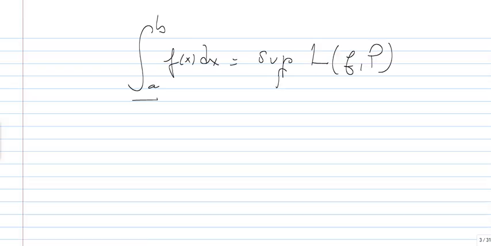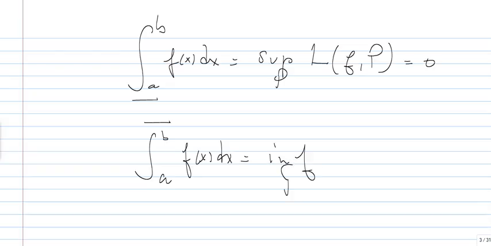So the lower integral from a to b of f of x dx, being the sup of the lower sums of f with respect to all partitions, will be equal to 0, while the upper integral of f of x, being the infimum over all partitions of the upper sums of f with respect to the partitions, will be equal to b minus a.